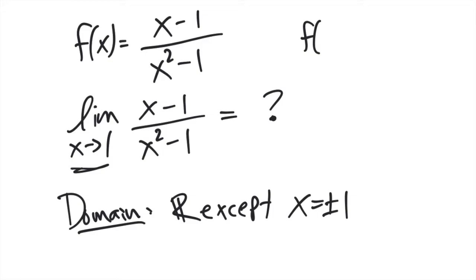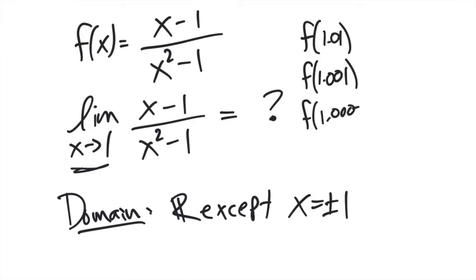For example, what if you found f of 1.01? And then f of 1.001? What about f of 1.0001? What about f of 1.00001? You kind of get the idea here.